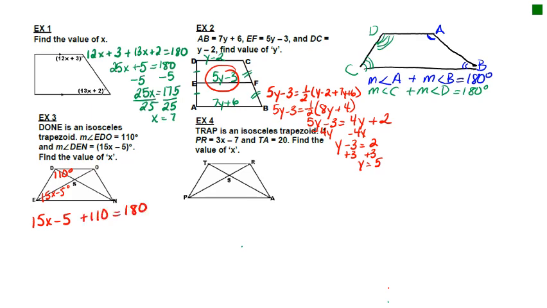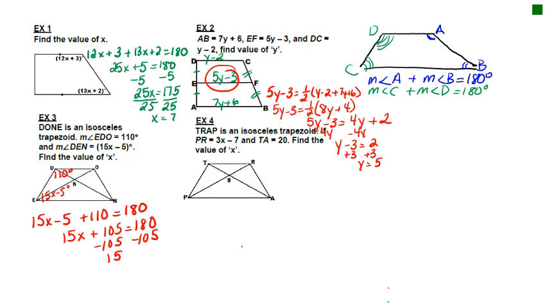Okay, so I'm going to solve this equation. 15x plus negative 5 plus 110 is 105. Right, subtract 105 from both sides. And you get 15x equals, I gotta put that in the calculator.